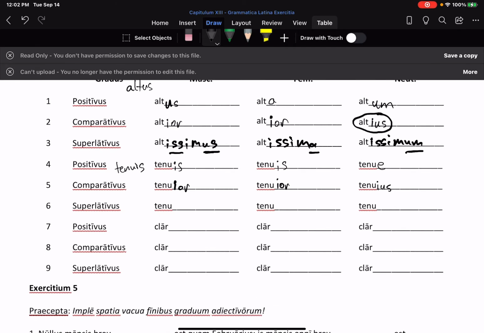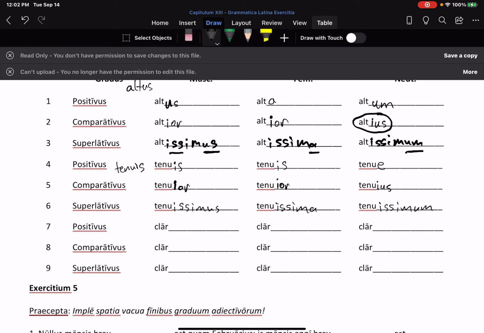The superlative, tenuissimus, tenuissima, et tenuissimum.